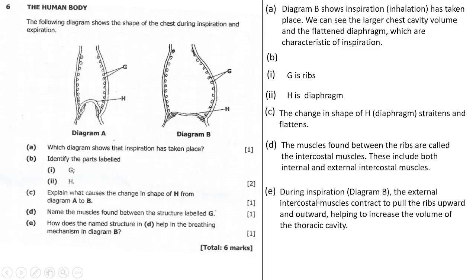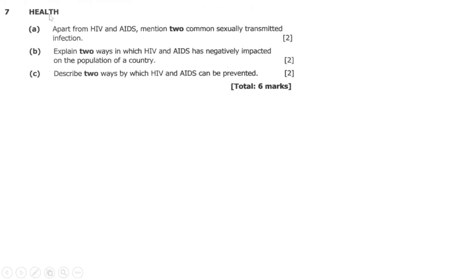During inspiration in diagram B, the external intercostal muscles contract to pull the ribs upward and outward, helping to increase the volume of the thoracic cavity.